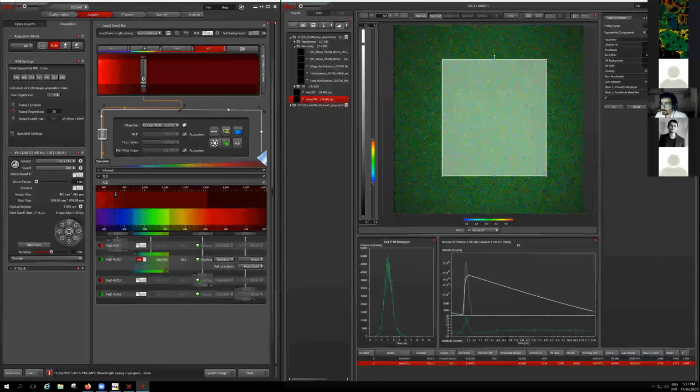Oh, okay, there is one. Is there any advice to know if we need 1, 2, or 3 components? Yes. First of all, I know my sample, so I know that it should be 1 component. If it's not 1 component, either I have contamination or my sample is not what I mainly expect.